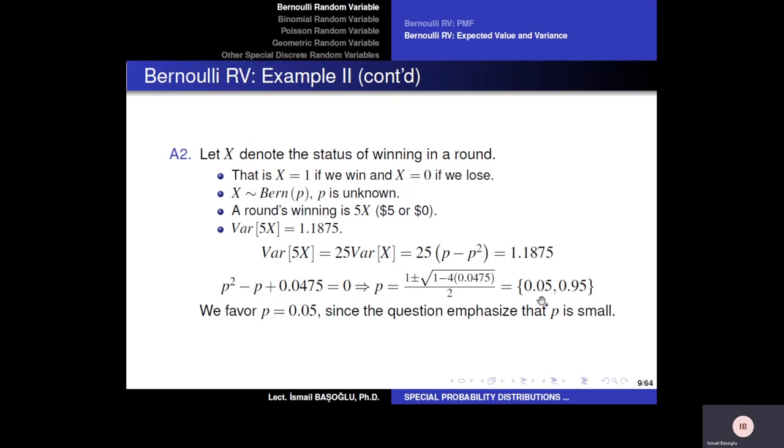The roots will be calculated as 0.05 and 0.95. However, only one of these results is our answer. The question especially emphasizes that the success probability or the probability of winning is small. Therefore, we favor P to be equal to 0.05 as the answer of this question.